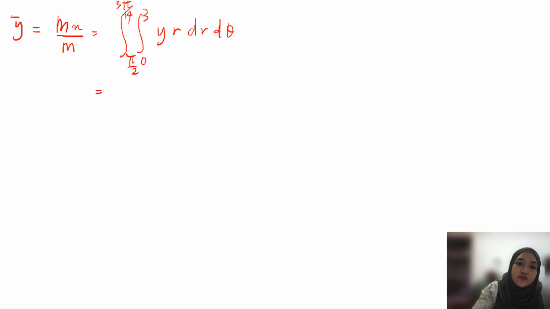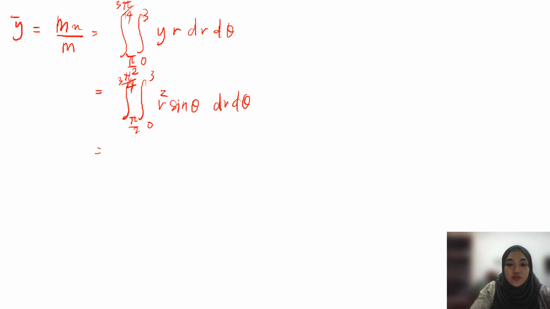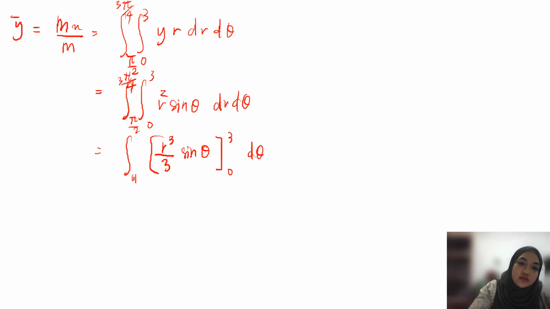Here, y you have to change into r sine theta, so it will be r squared dr d theta, and then integrate. You integrate with respect to r first. You will get r cubed over 3 sine theta. You have to substitute the value.